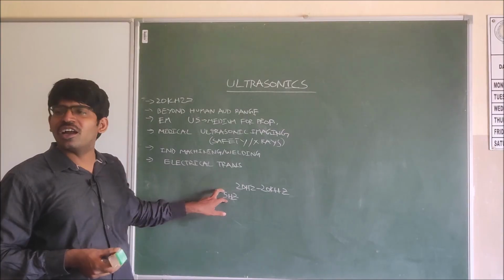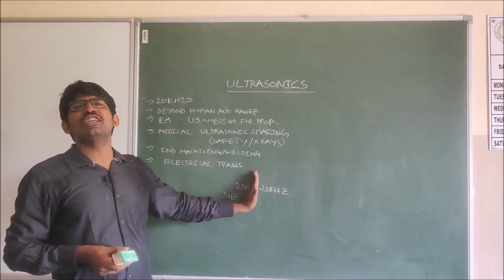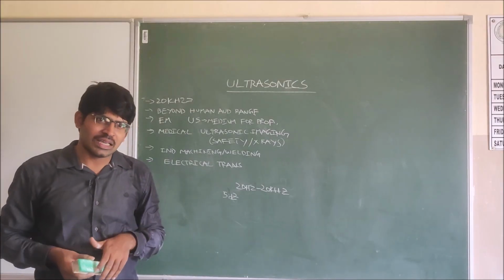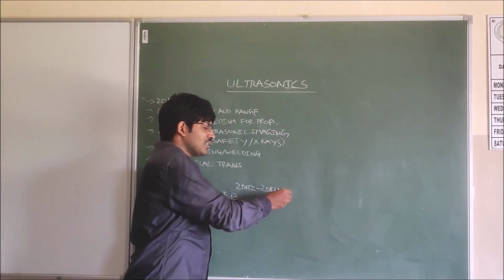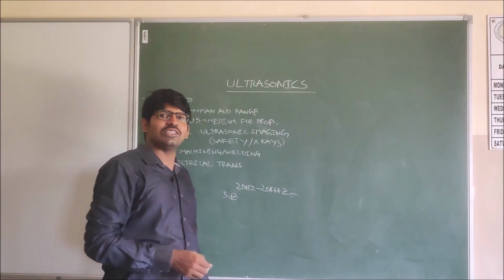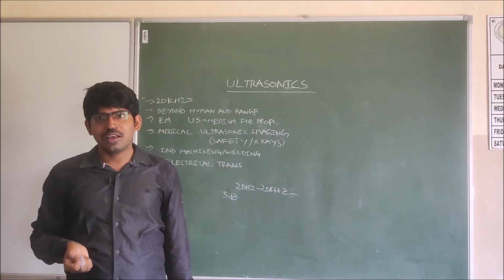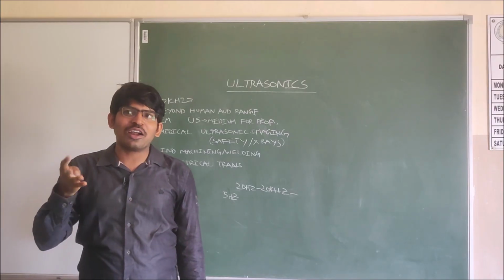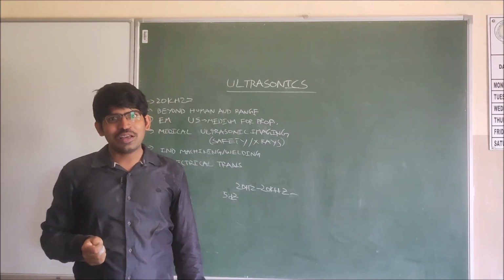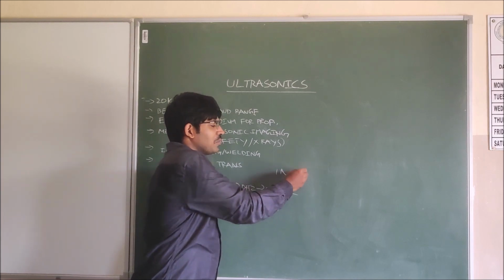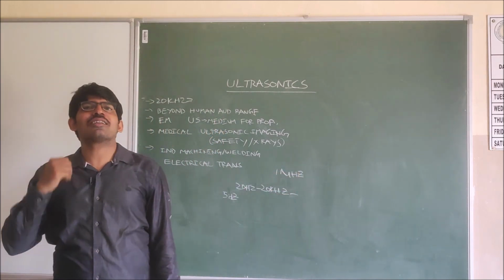Because 5 Hz is before the audible range, we call it infrasonic. If the sound signal is beyond 20 kHz, it is called ultrasonic, meaning we are not able to hear it, for example a 1 MHz sound.